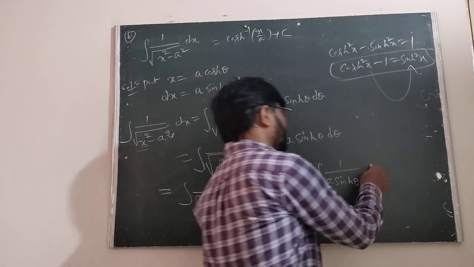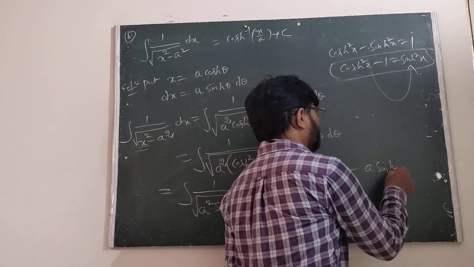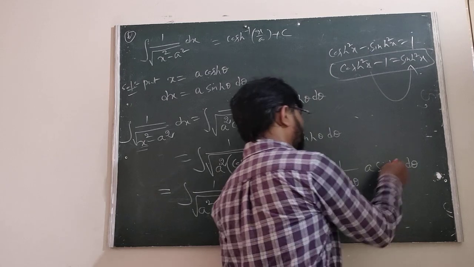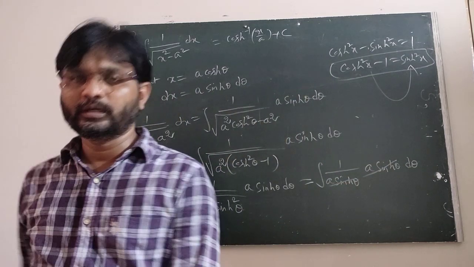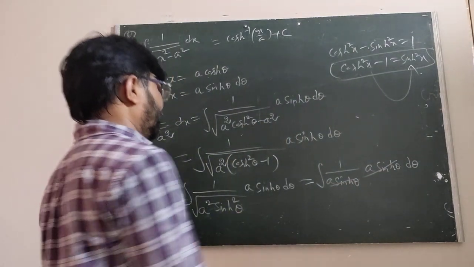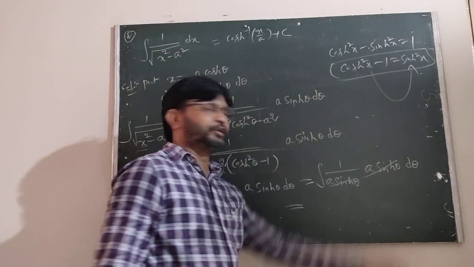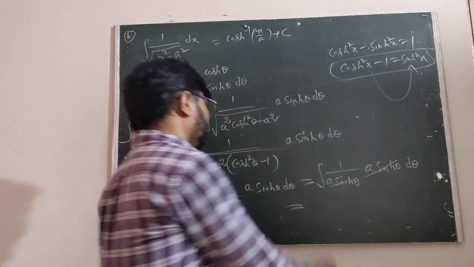Here the remaining is a sinh theta d theta. Under the root, the square terms cancel, so we get a sinh theta. These two cancel, and now we are getting the integral of 1 d theta.